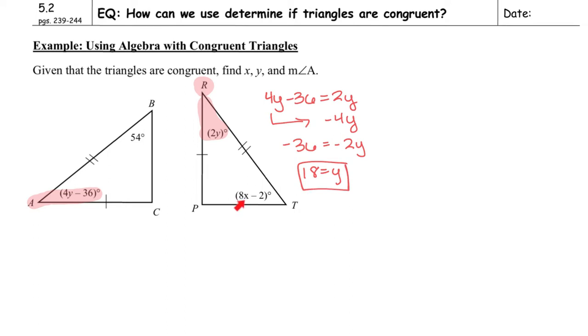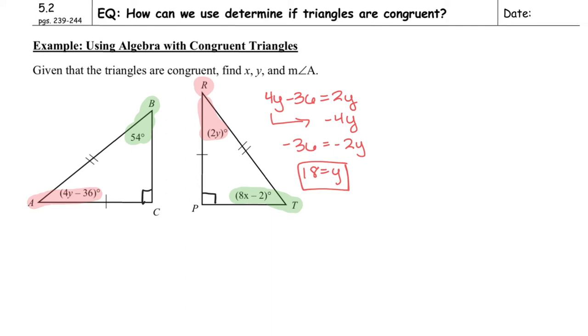Now I'm going to solve for x. It appears that angle T is going to be congruent to angle B, because the angles that represent C and P look like 90-degree angles. We don't know for sure if it's a 90-degree angle, but they look like they're 90. So I know that this would not be corresponding or congruent to this.